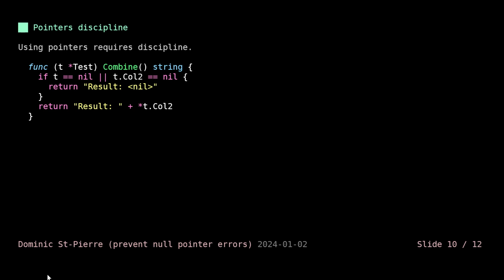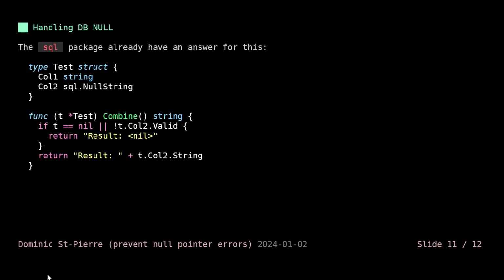So is it that? I don't know, but this is something that you will need to do if you want to fix that. The good news is that this problem is solved already. This is a solved problem. The SQL package has a Null X, Y, and Z. So in our case, we can do a NullString in here, and by default, this is going to do what you want.